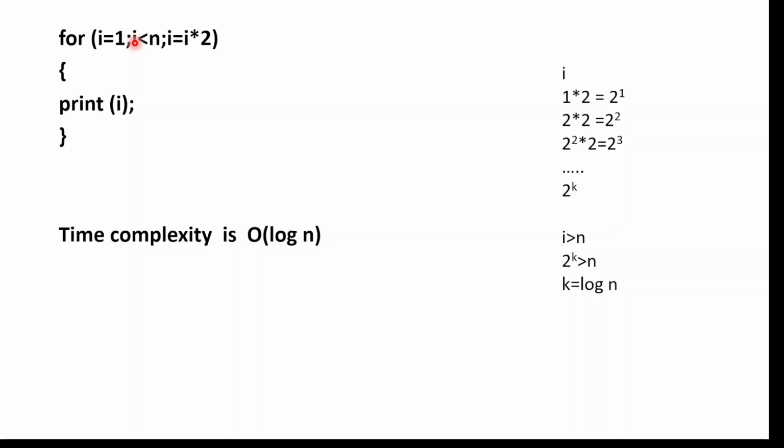Now, once this value of i is greater than n, that is 2 to the power of k is greater than n, it comes out of the loop. So the for loop is getting executed till 2 to the power of k is greater than n, which can be represented as k equal to log n to the base 2. Hence, the time complexity of this code snippet is order of log n.